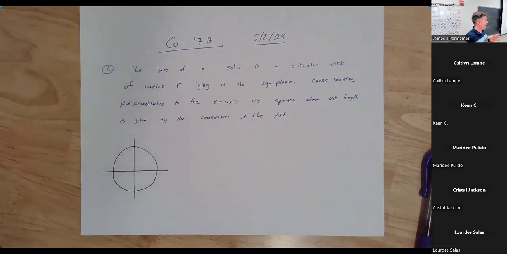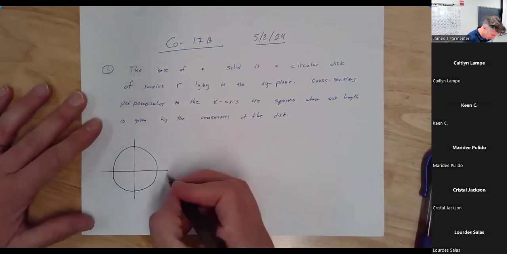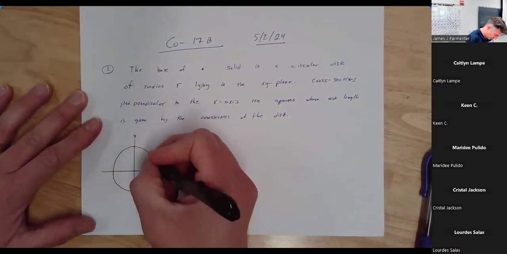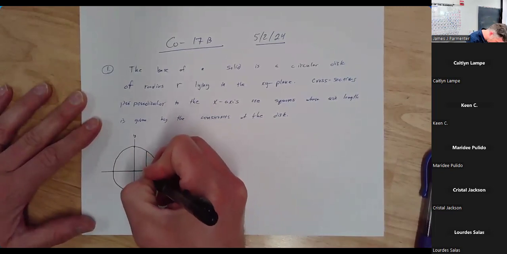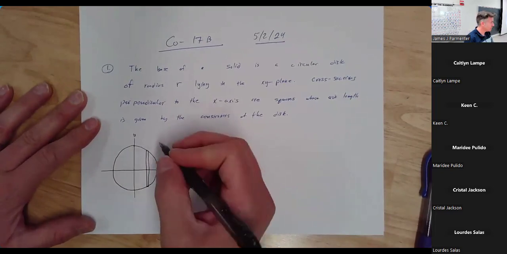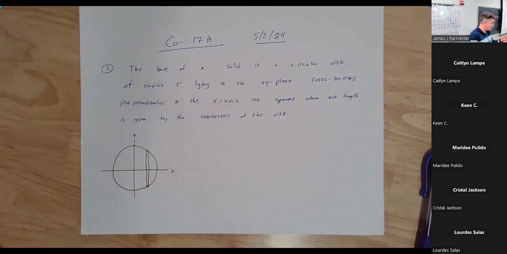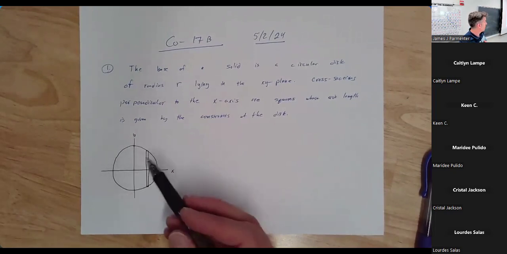And then sticking up out of it into the third dimension are squares, which are not typically great to draw in this sort of perspective. So I'm going to label this and then point out that this little strip here, which is perpendicular to the x-axis, that strip is the side length of my square. But then the square is going to pop up out of the page into the third dimension, which again is not the best kind of perspective to draw from.